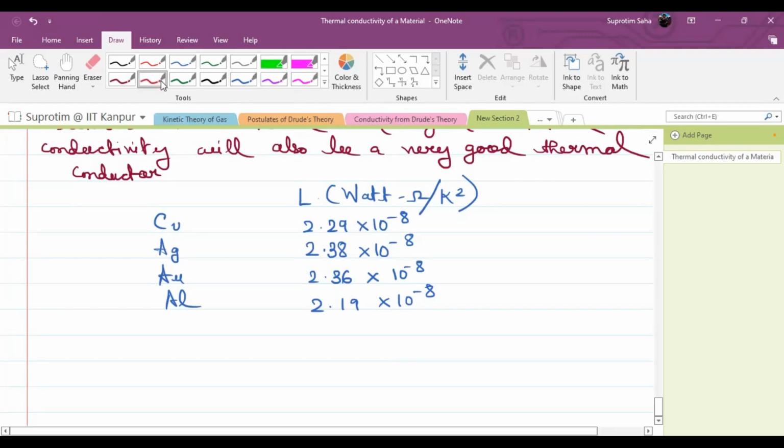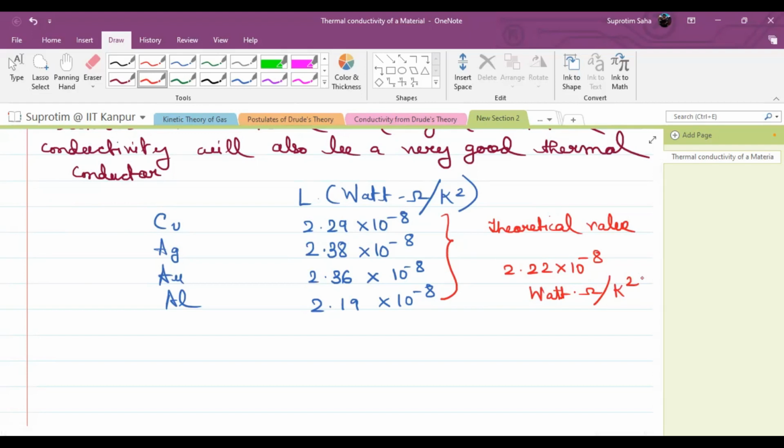The theoretical value is 2.22 times 10 raised to minus 8 watt ohm per Kelvin squared. So it is more or less the same as the theoretical value.